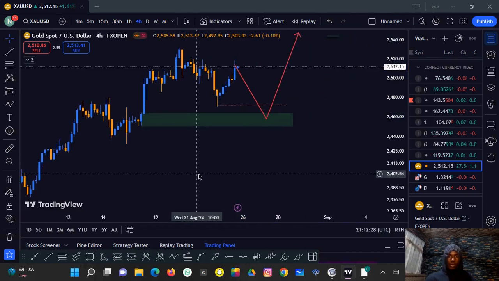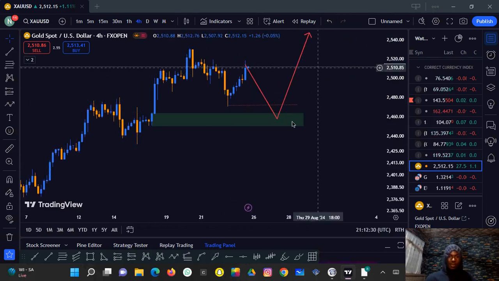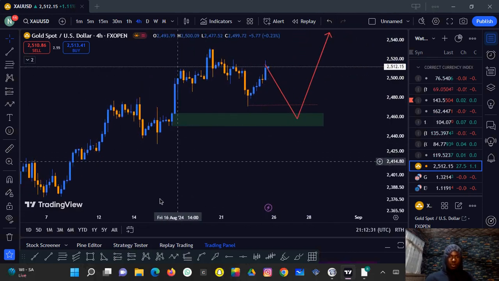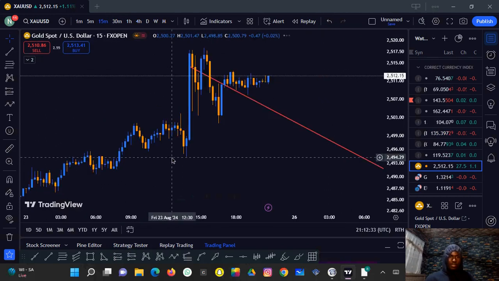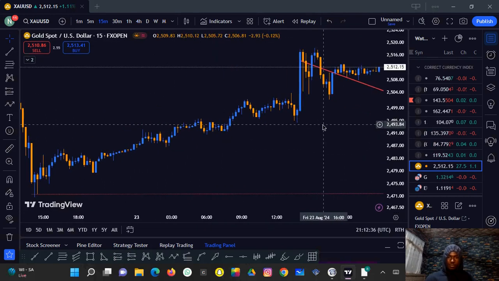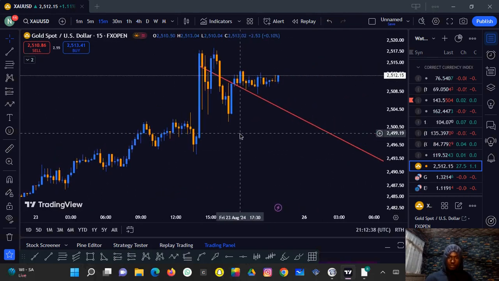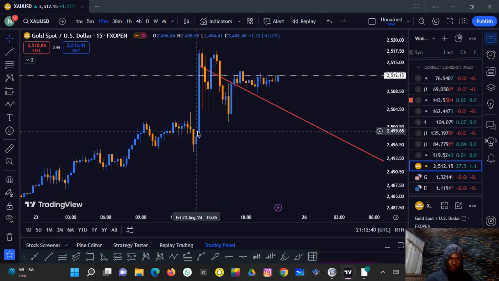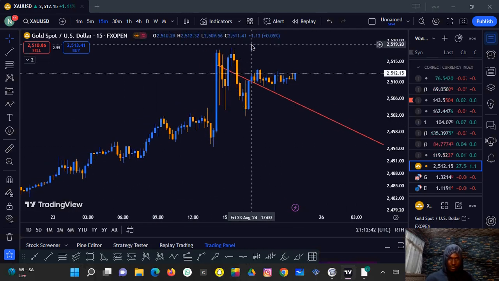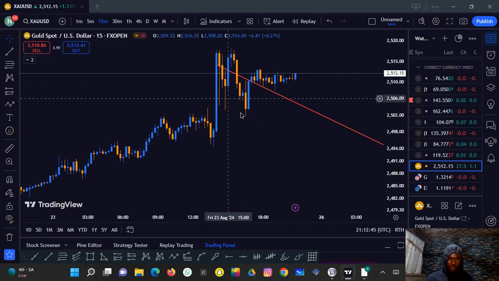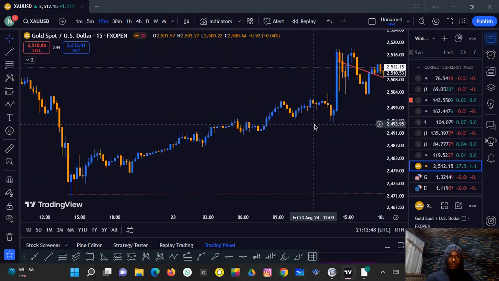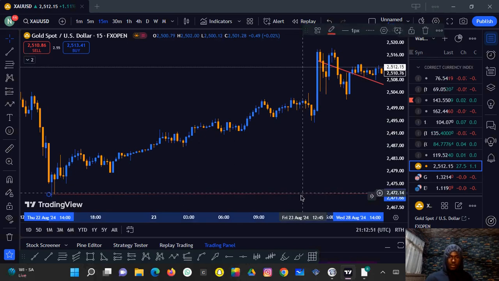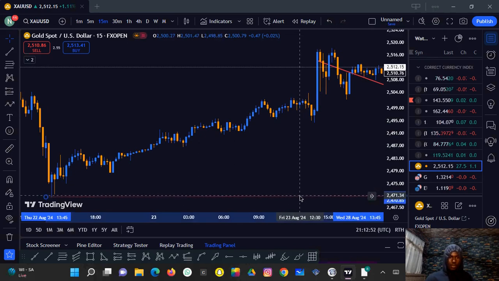So it depends. Either Monday will come here and then move, or I will just be expecting some kind of bearish move. This was a pullback. So yes, this is what I'm anticipating.